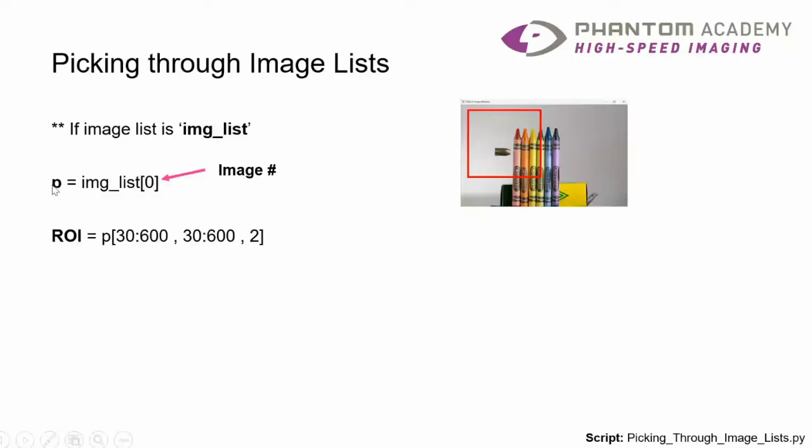Then if you wanted to, you could call specific pixels from that variable: from 30 to 600 rows, from 30 to 600 columns, and then this specific color channel, the second channel. That would create a region of interest, and it would save that into the variable ROI.